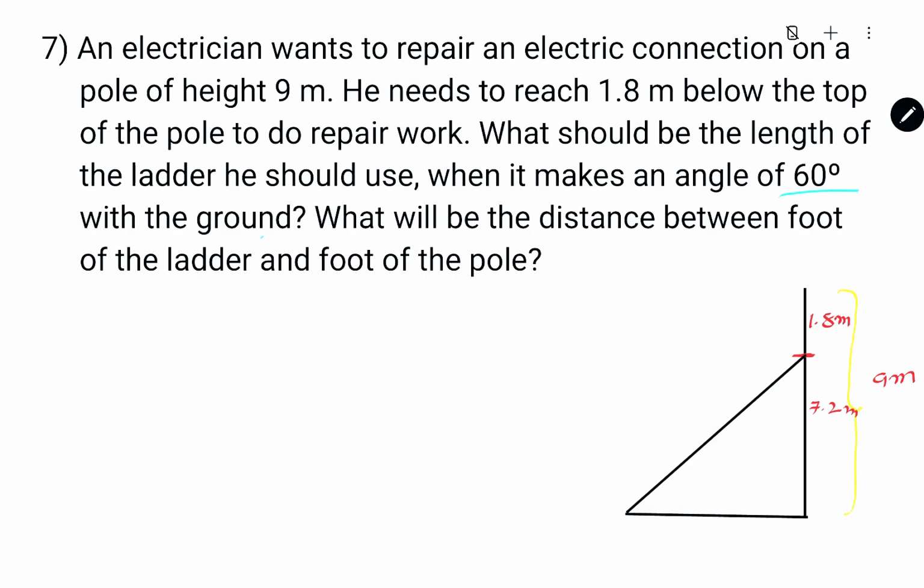Draw a ladder from this point. The ladder makes an angle of 60 degrees with the ground. Now write the points in the figure. Here A, B, C, D. Now write the given data.